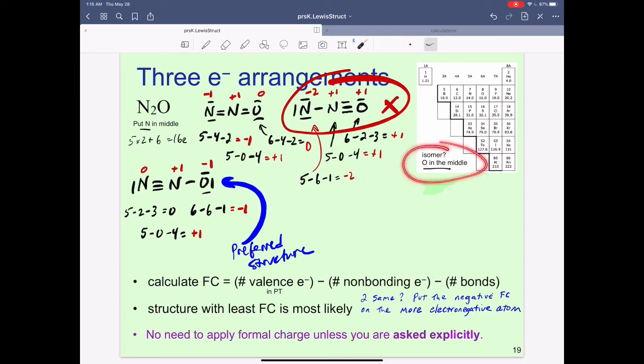Now, why didn't we put oxygen in the middle? Let's just take a quick look at one of those options.